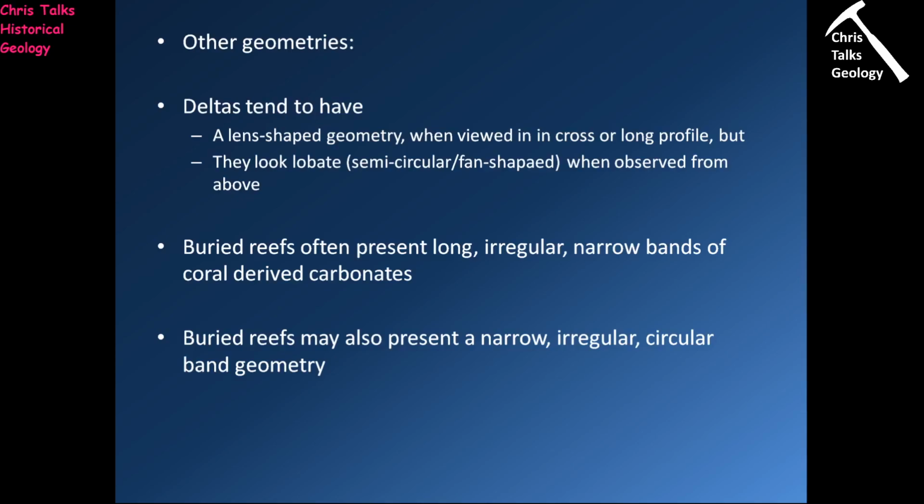And so in that instance, what you have is double evidence. You have this irregular linear body, and then you can combine that with all the coral fossils. And so that's going to allow you to come up with your interpretation for the environment of deposition.